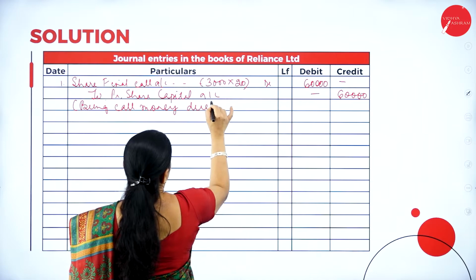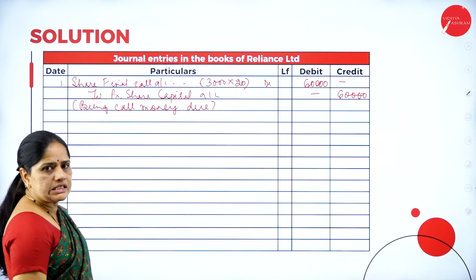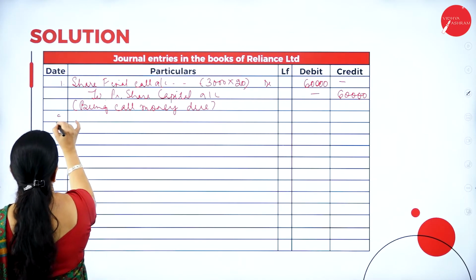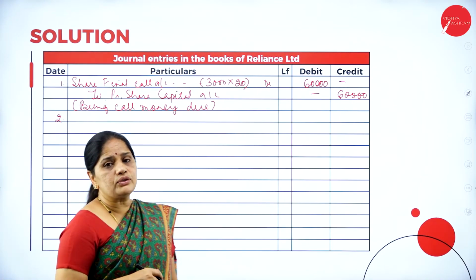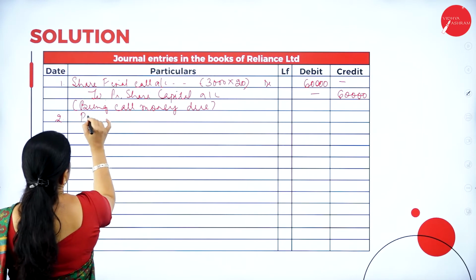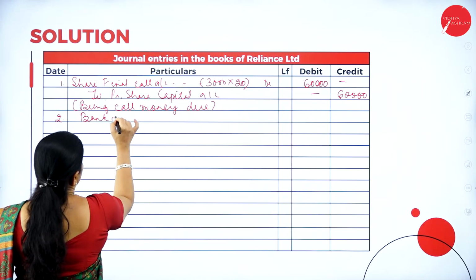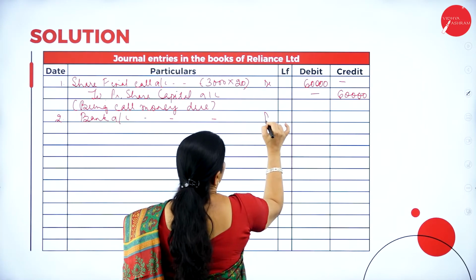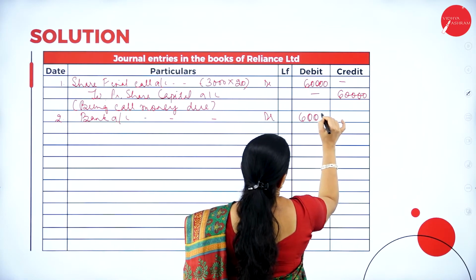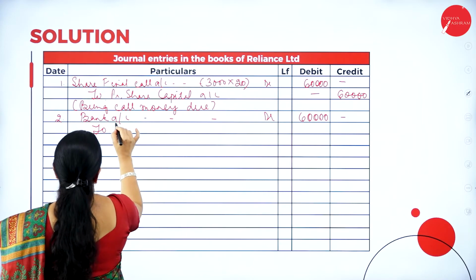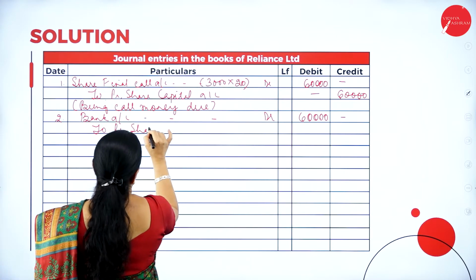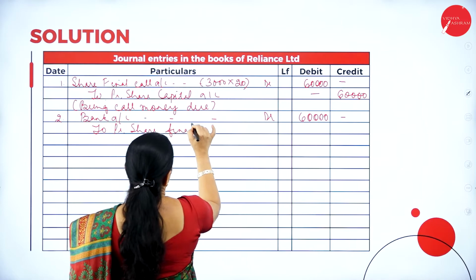Call money due. So 60,000 is due from the preference shareholders. Now, the second entry will be: bank account debtor, as you have received the call money. Bank account debtor 60,000 to preference share final call account.